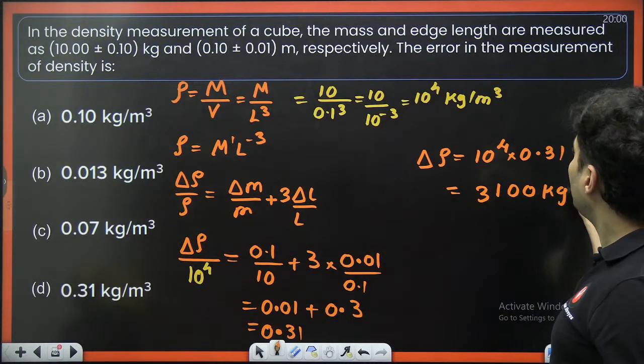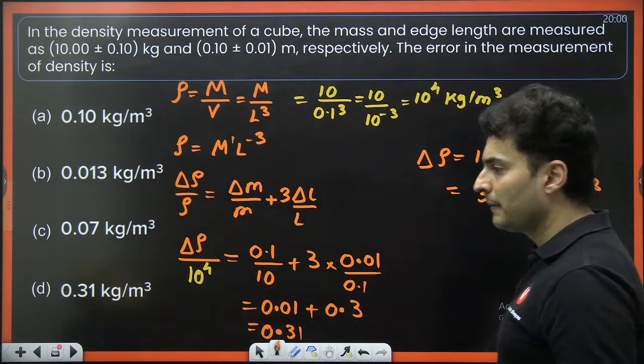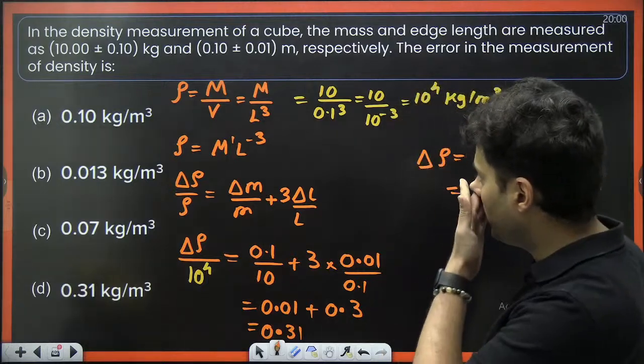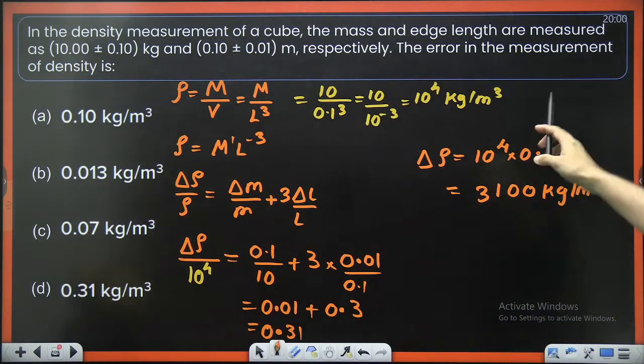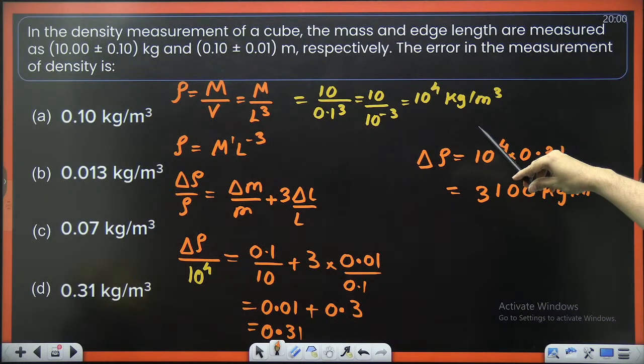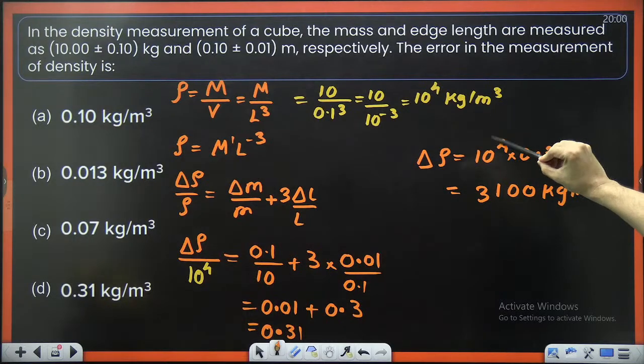3100 kg per meter cube is what I'm getting. Just check if some decimal places have been missed. Mass is 10. Length is 0.1.